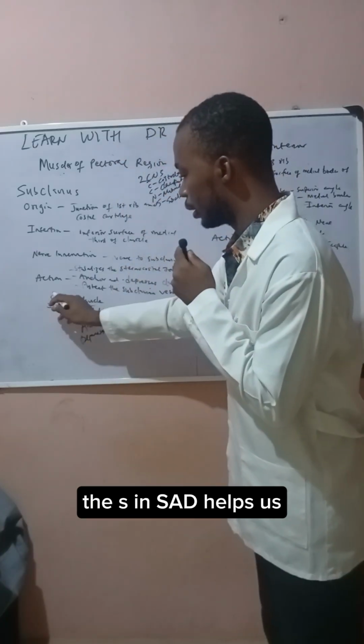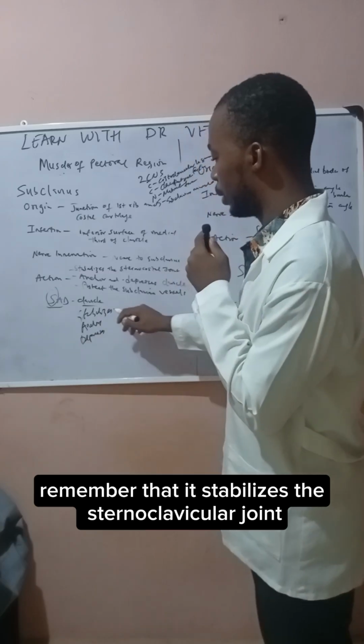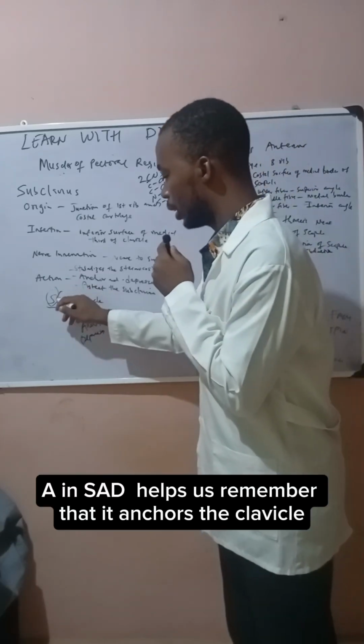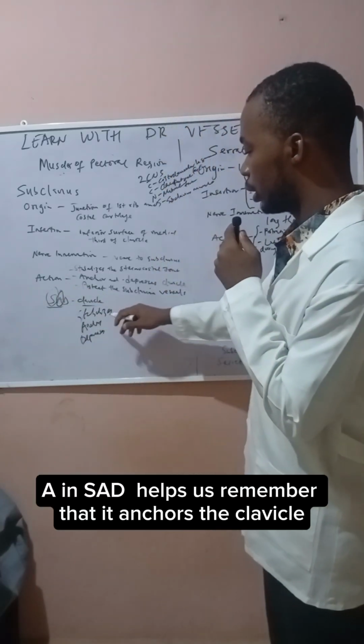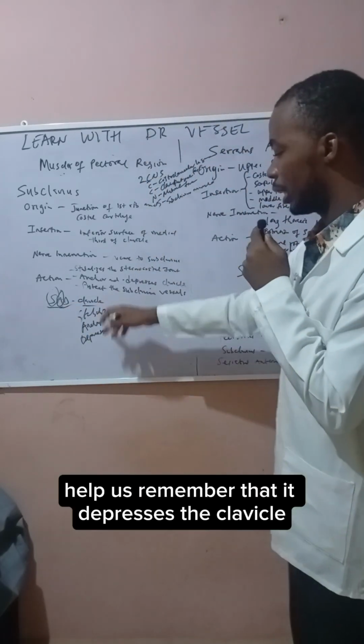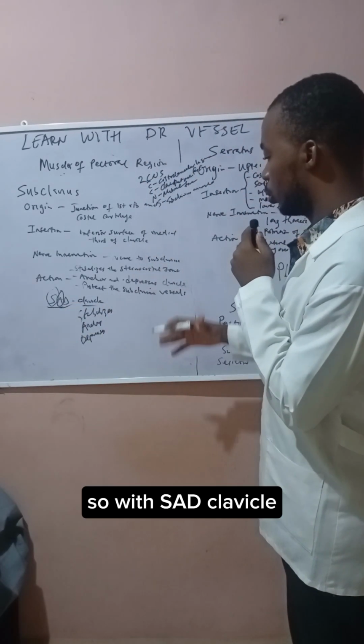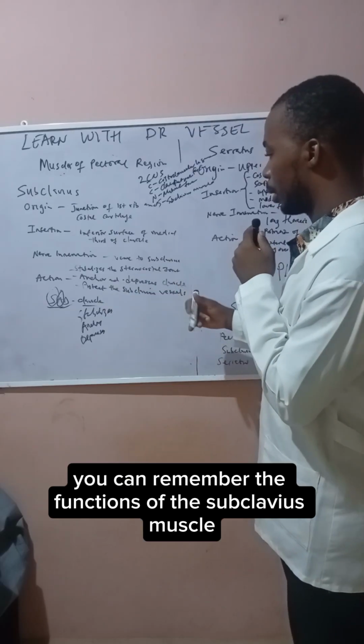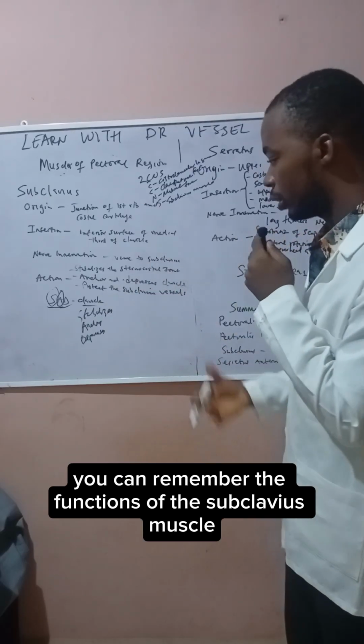So the S in SAD helps us remember that it stabilizes the sternocostal joint, the A helps us remember that it anchors the clavicle, and the D helps us remember that it depresses the clavicle. So with SAD clavicle, you can remember the functions of the subclavius muscle.